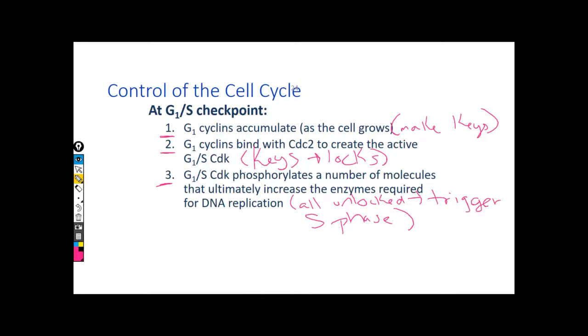So this whole process is held back by that growth phase. If I haven't grown enough, if I haven't made enough cyclins, if I haven't made enough keys, I won't be able to pass into S phase yet because the door won't unlock yet. So this is what we mean by a checkpoint, right?